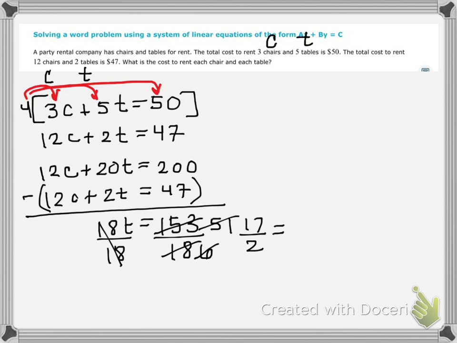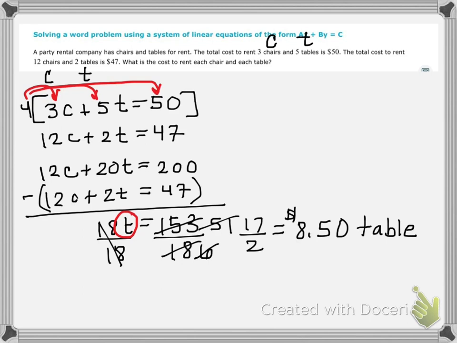So according to this, remember we are in this line, we are solving for tables. According to this, it is $8.50 to rent a table. $8.50 for a table. Certainly possible, but I'm going to check my work at the end to make sure of that.